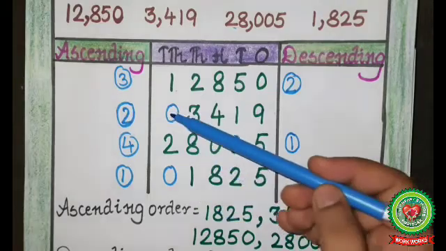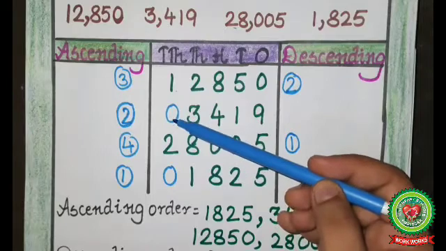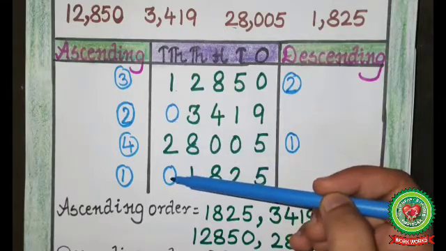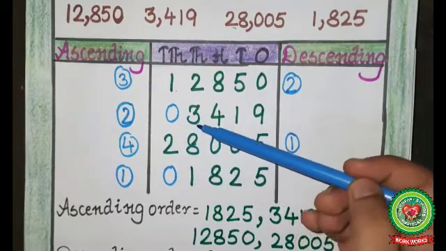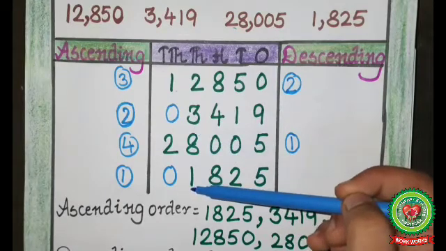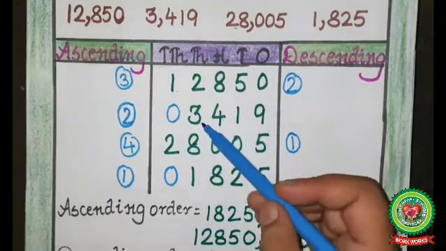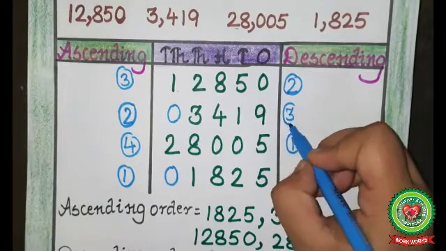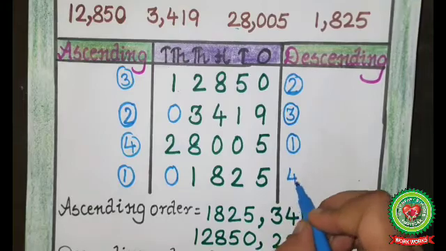Again, what we will do, we will compare the first digit, but we can't compare because in both of the numbers the first digit is 0. So what we will do, we will move to the thousand place. 3 and 1, which is greater? Yes, 3 is greater. That means this is number 3 and this is number 4.